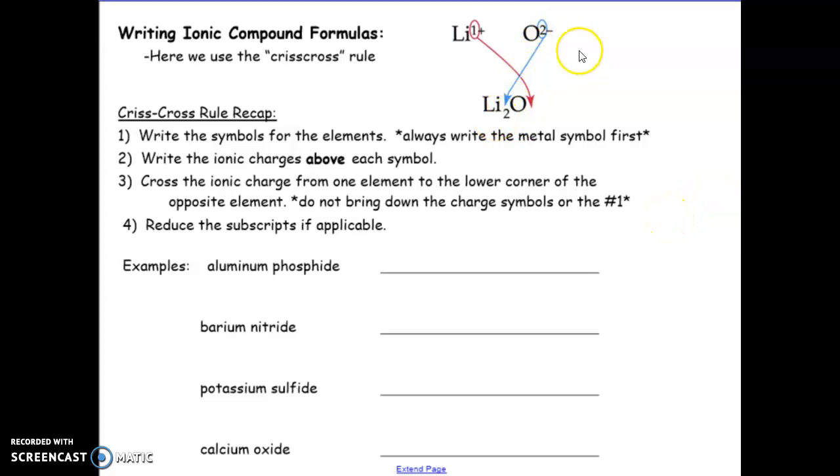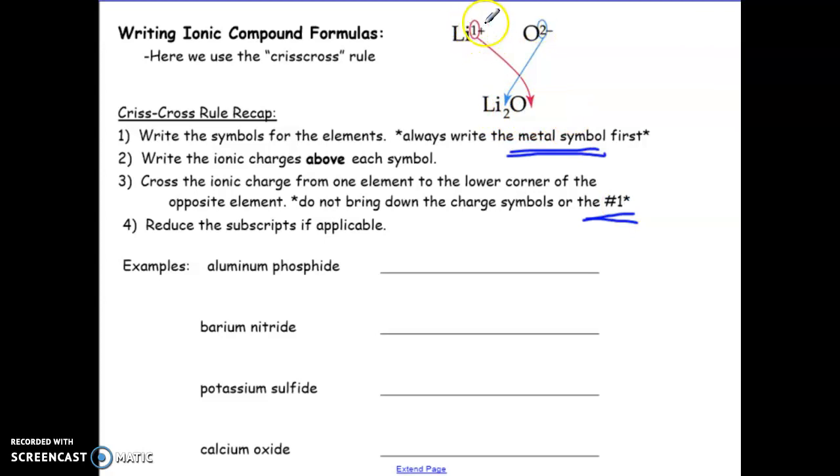Okay, so a couple of things. When you're writing out your symbols, the positive ion will be written first, meaning the metal, or the positive ion, will always come before the negative ion. When you're bringing down the numbers, you never bring down the number 1. You never write that down. And of course, you never write in little positive and negative symbols.